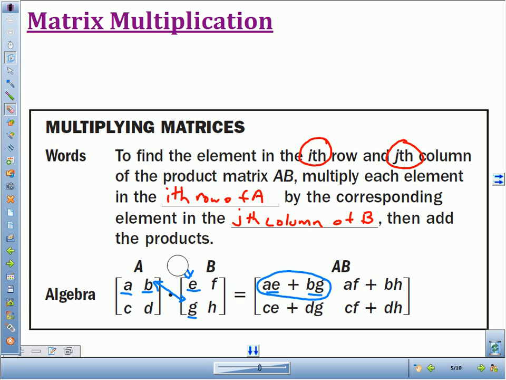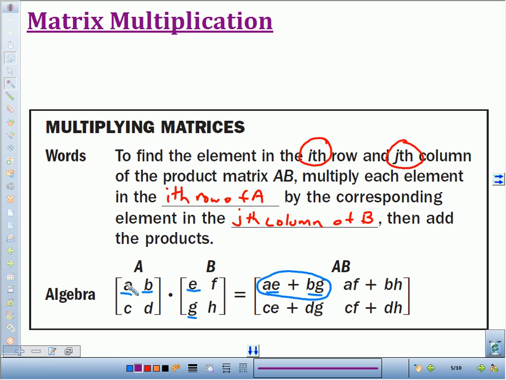All right, so that does it for the first element, but we've got to do this a few more times to get everything else. Now, I want to multiply the first row of matrix A times the second column of matrix B. We should be able to see what's going on here.